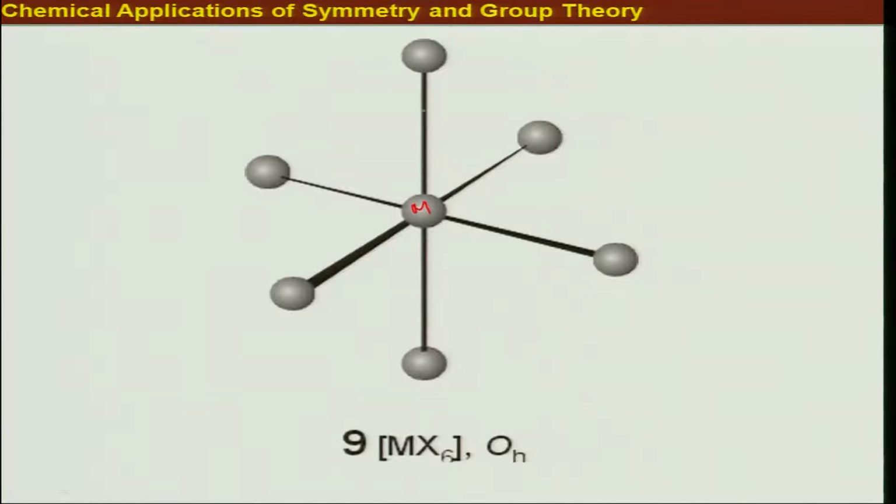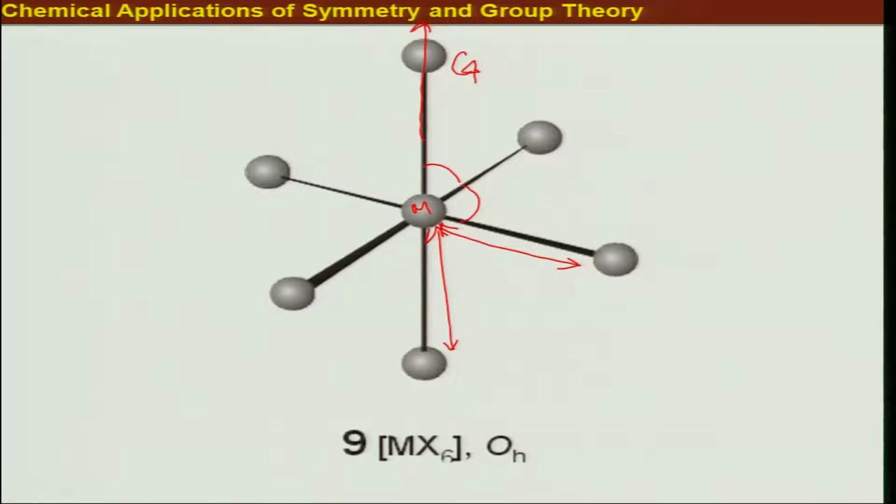If I imagine an axis through this, this is one C4. Now all the bonds are exactly the same. They are disposed at exactly the same angle with each other, meaning that this angle and this angle are equal. So every angle here is 90 degrees. This distance is equal to this distance, right?